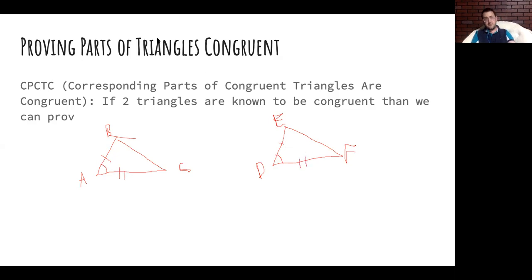And after I prove them congruent, I could say that triangle ABC is congruent to triangle DEF. And then I could also say that angle C is congruent to angle F because of CPCTC, which stands for corresponding parts of congruent triangles are congruent. So you are going to be seeing that in some of the proofs that we are going to be doing, not today, but tomorrow.